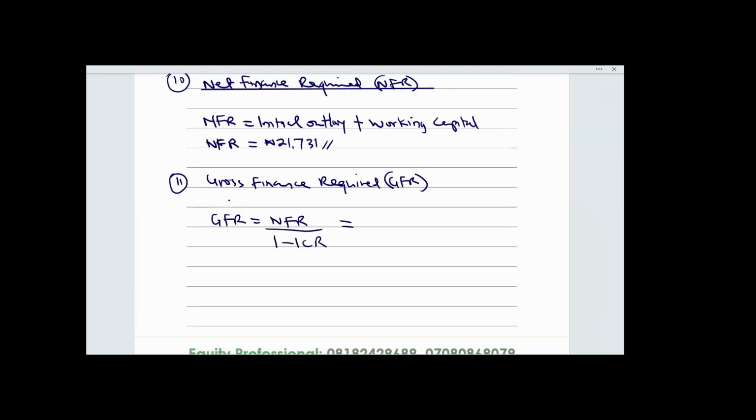According to the question, the issue cost rate is 4%. Therefore, 21,731 over 1 minus 0.04. What do we have here? This will give us 22,636. Please confirm if that number is correct.